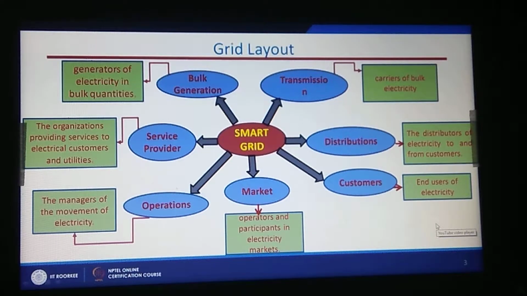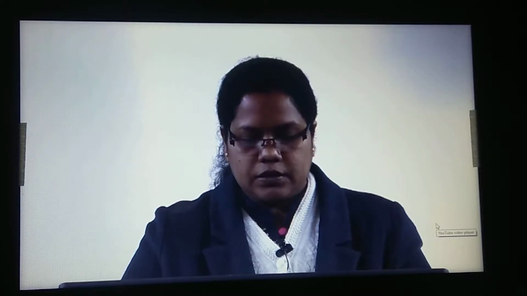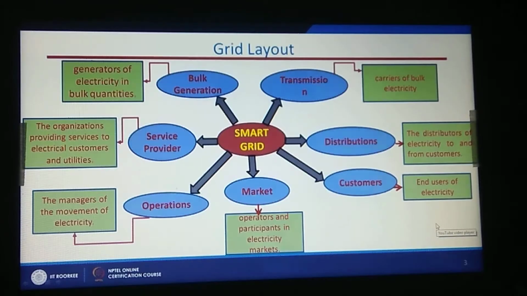As far as the service providers are concerned, there are certain organizations which provide service to the generation system, to the transmission system, to the distribution system, and also to the customers. And apart from that, we also have operations sectors, we also have the market. In the market, the participants participate for selling and trading of the power. So we'll discuss slowly one by one every part very quickly.